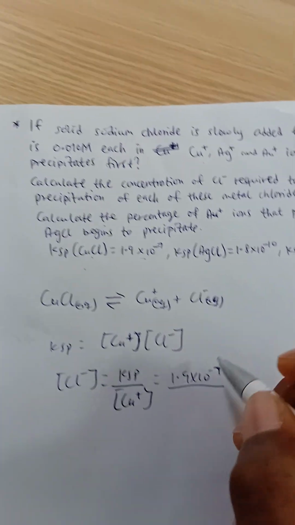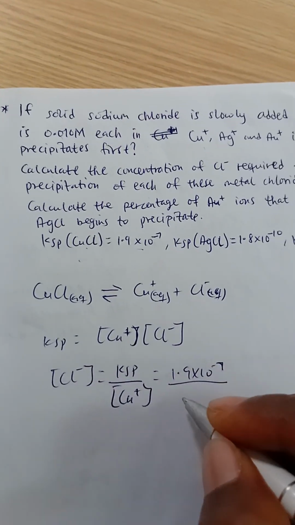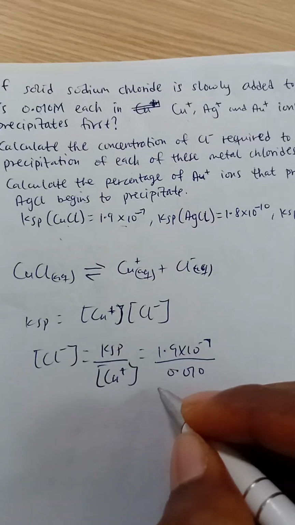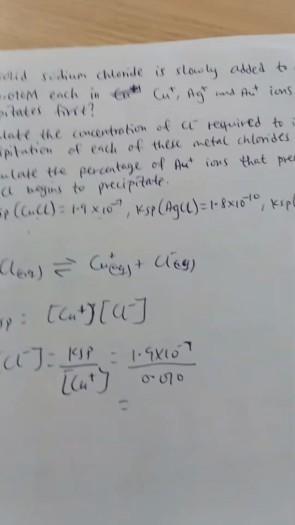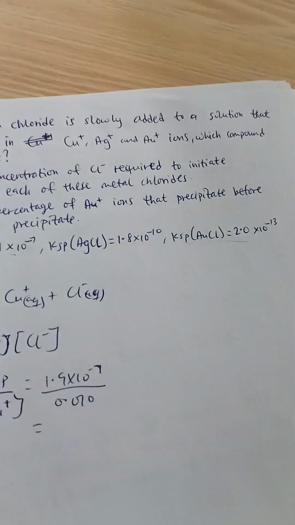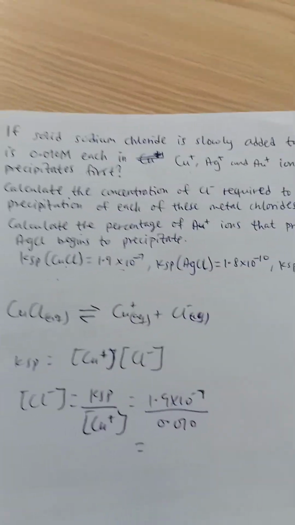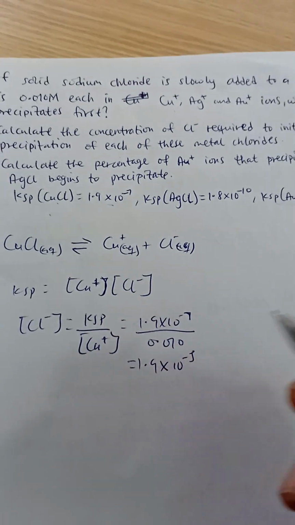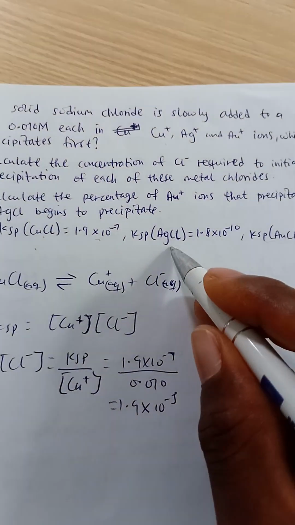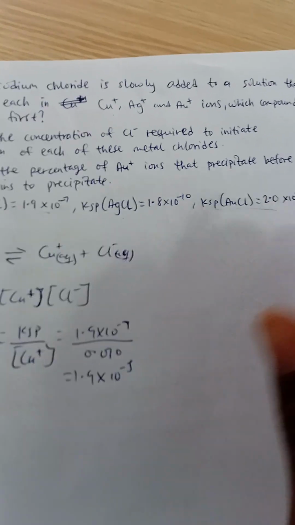Over the concentration of copper, each of them is 0.010. So we can get the concentration here as 1.9 × 10^-5. We are going to do the same for all of them.